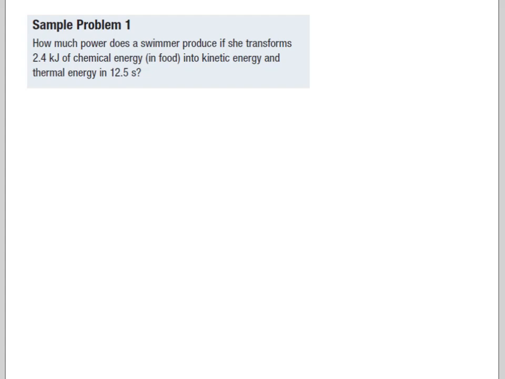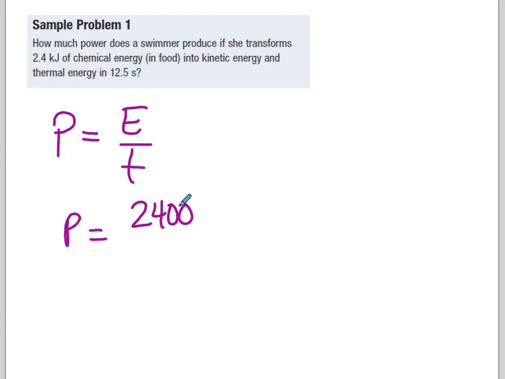Okay, so how much power does a swimmer produce if she transforms 2.4 kilojoules of chemical energy in food into kinetic energy and thermal energy in 12.5 seconds? Well, power is equal to energy over time. So power here, we have 2,400 joules.